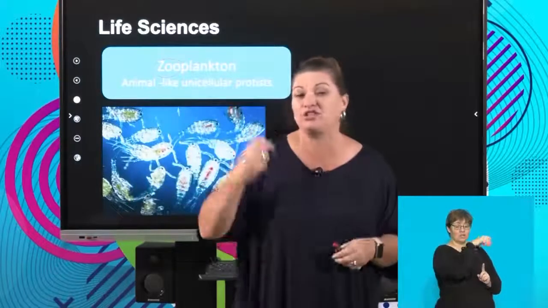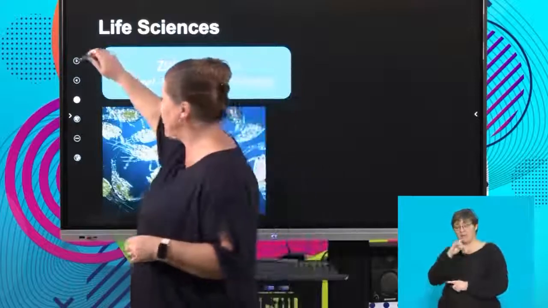So you've got the algae, which form part of the plants. You've got the protozoa, which are part of the animal-like. And then you've got this group called plankton, where you've got the plant ones, which are called phytoplankton, and you've got the more animal-like structures called zooplankton.